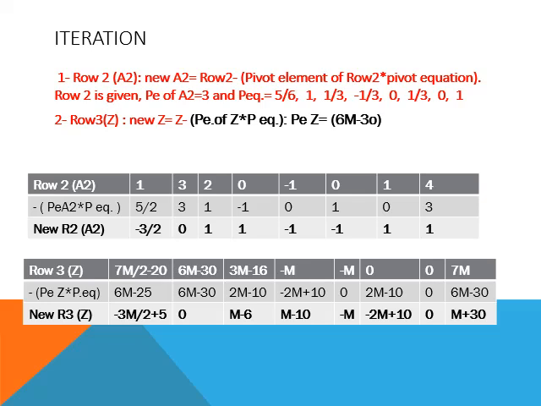Pivot equation is given, and the pivot element of A2 is the intersection point between the entering variable and A2.